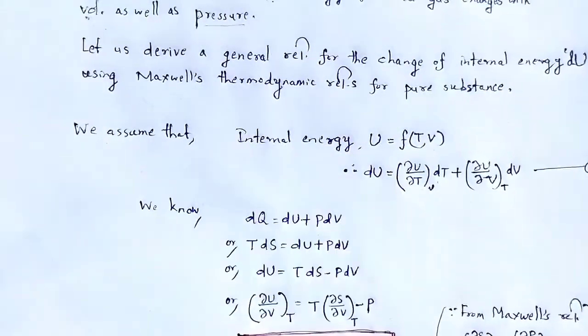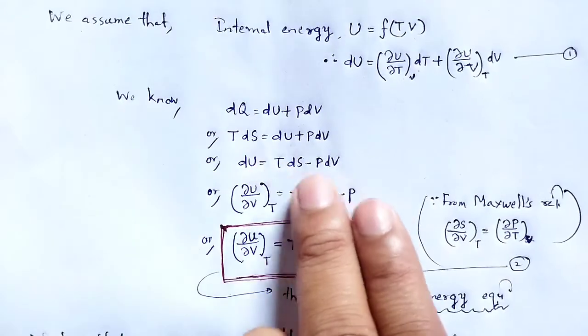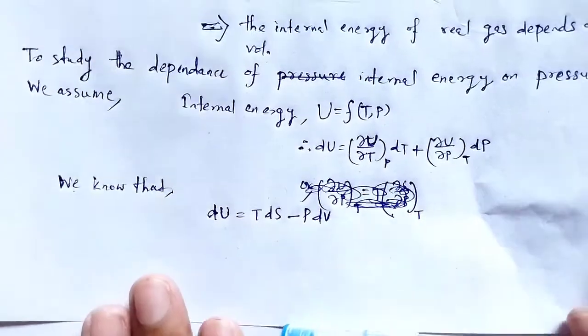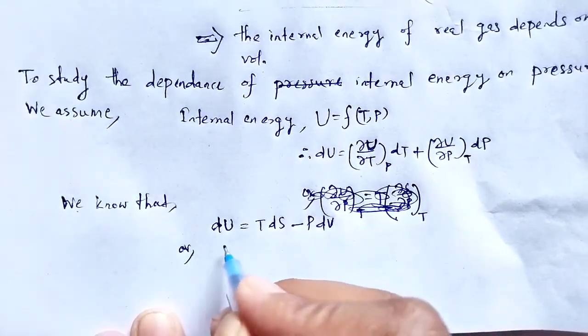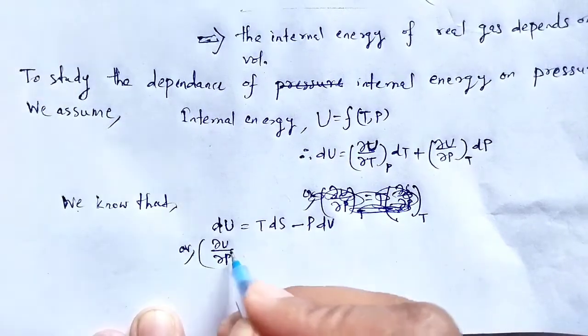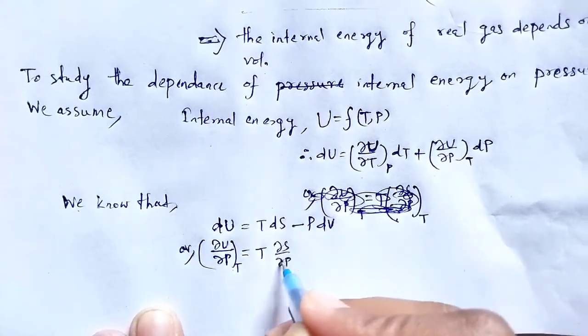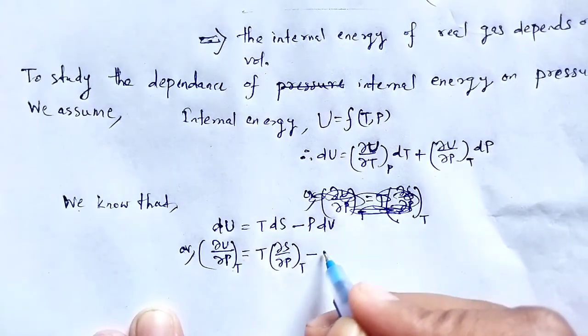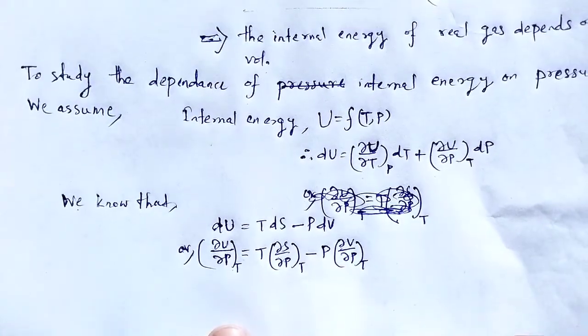Therefore (∂U/∂P) at constant temperature is T(∂S/∂P) at constant temperature minus P(∂V/∂P) at constant temperature.